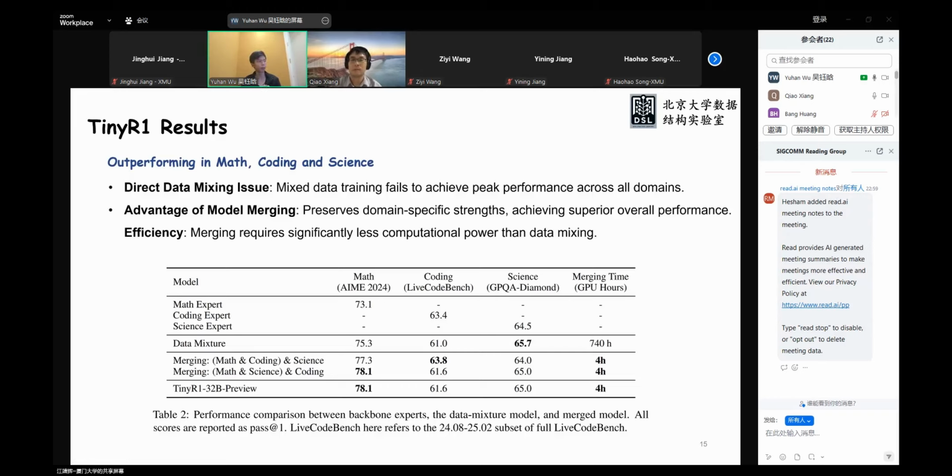I don't think data mixture is an efficient way. I think model merging is better.